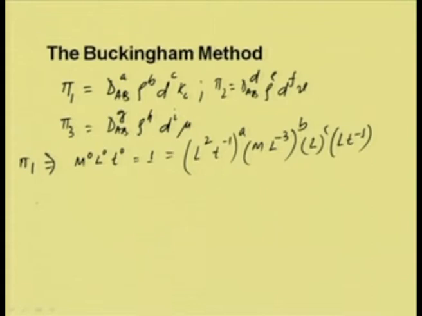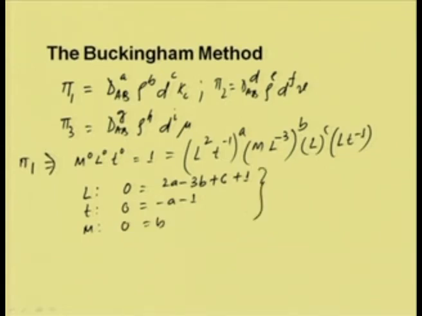So, if we solve these equations, for L we have 0 is equal to twice A minus 3B plus C plus 1, for T, 0 is equal to minus A minus 1, and for M, 0 is equal to B.